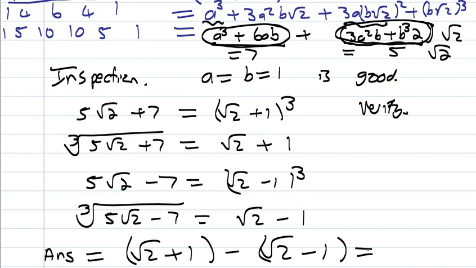And who can tell me? So the one cube root becomes root 2 plus 1. The other cube root becomes root 2 minus 1. And if you do this mathematics, quite right, you get the famous problem 1 plus 1, which is equal to 2. Alrighty, so that is the answer to this question.